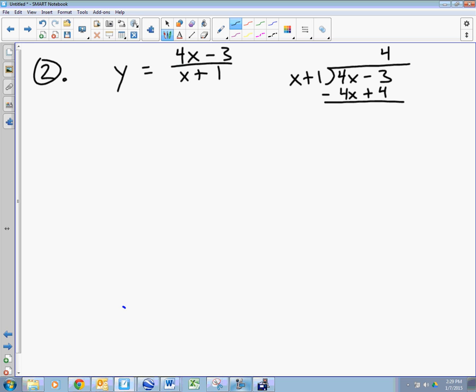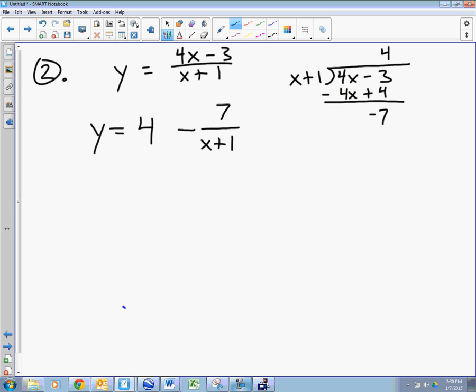Subtract, and what do I get? Negative 7. So that means I have a remainder of negative 7. So in other words, I've just made this look like 4 minus 7 over what? Do you agree that these are the same?